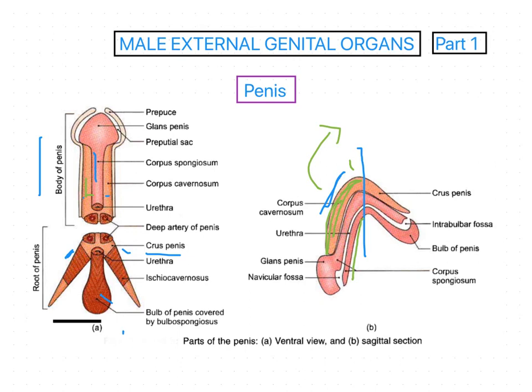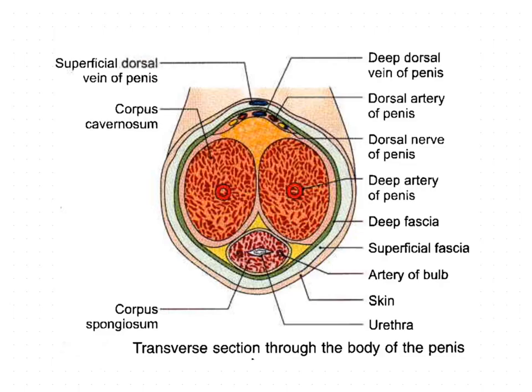Each corpus cavernosum has two fibrous coverings, an outer and an inner layer. If you look at the transverse section, you can see this. These two are the corpora cavernosa and this one is the spongiosum. These two are present on the dorsal aspect of the penis.